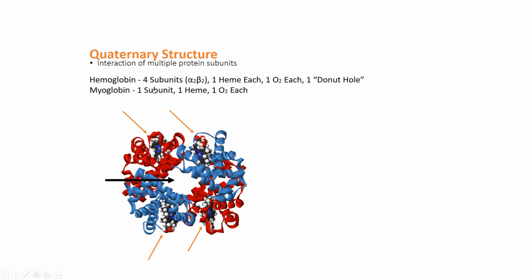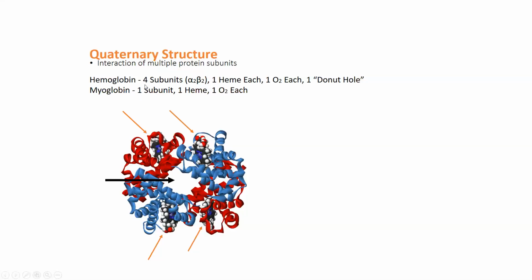Okay, the myoglobin, though, has only one subunit, does not have four. And this one subunit, just like the way the subunits for hemoglobin are structured, will have one heme and each heme will have one O2. So hemoglobin is like four myoglobins.